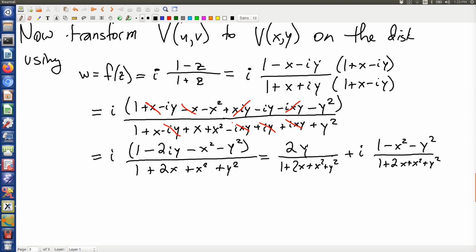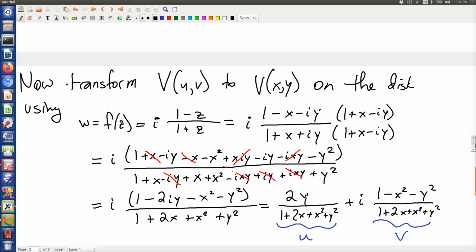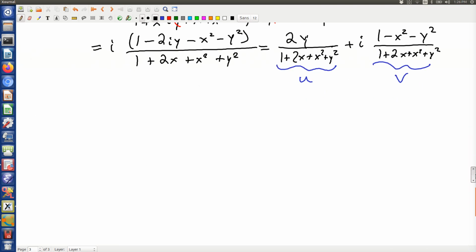Okay, great. Now, remembering what these are, this is u and this is v. I will now want to make use of this information to rewrite my v. So what was my v? Here's my v. V of u and v was 1 over pi arctangent V over U.